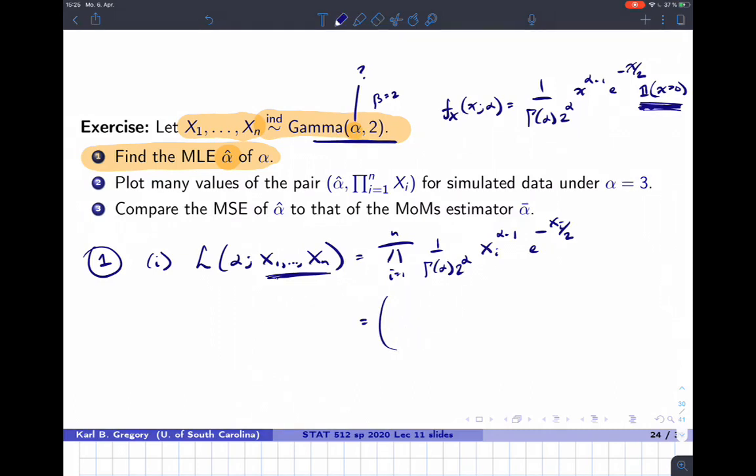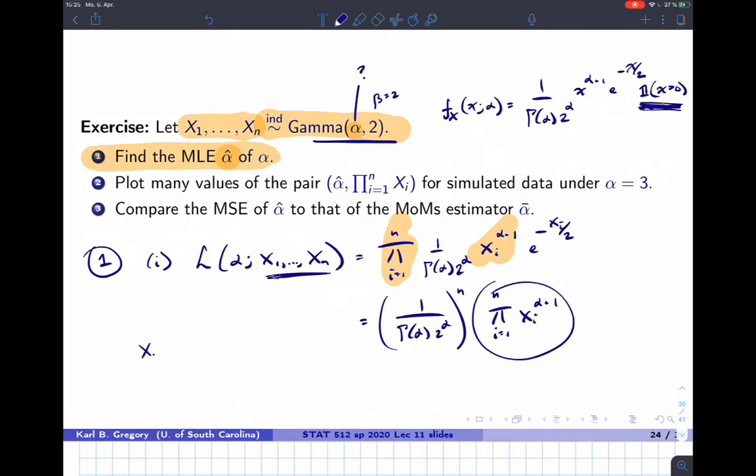Let me keep it all together. So 1 over gamma function of alpha times 2 raised to the alpha, to the power n. Then letting the product operate on this part, I can write it as the product of xi raised to the alpha minus 1. It's like I have x1 to the power alpha minus 1 times x2 to the power alpha minus 1, and so on out to xn to the power alpha minus 1. So let me just write it as x1 times x2 and so on, everything raised to the power alpha minus 1.